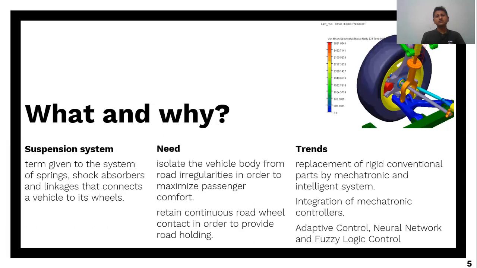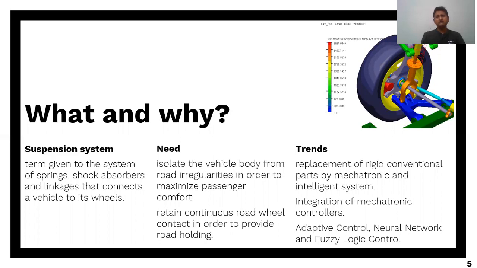So first, before proceeding, we should know the importance of the suspension system, and it is a very genuine question: what is the suspension system and why are we using it? Suspension system is basically a term given to the system of spring and dampers which is inserted vertically between the vehicle body and its wheels.